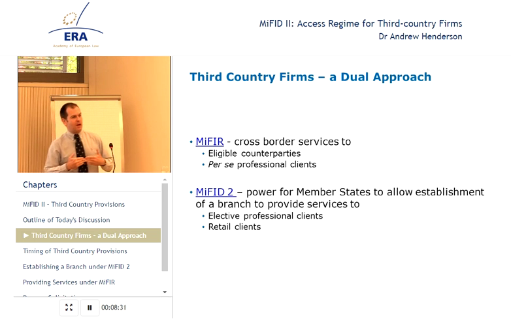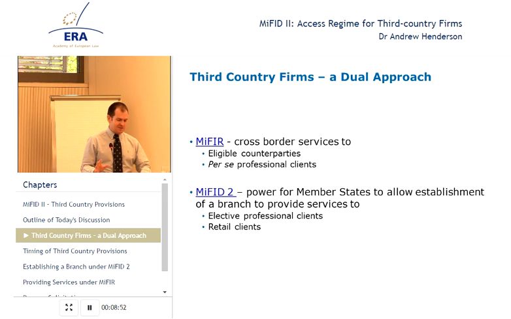Taking a further step back or forward, in the first case, it is MiFIR, the Markets in Financial Instruments Regulation, that occupies the field. And I'll come on to explain why that's the case, whereas in the latter case, the provisions are actually in the recast directive. And for those of you that like article numbers, in MiFIR it's articles 46 to 49, and in the recast directive 39 to 43.